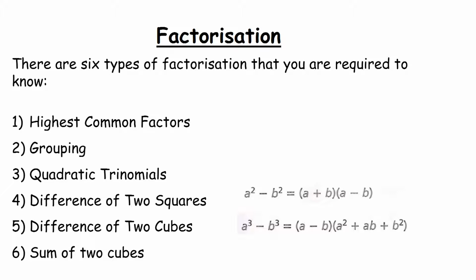The formula for the sum of 2 cubes is just here. It's very similar. For the difference of 2 cubes, the sign in the first bracket follows what we're given. This time we're doing the sum of 2 cubes, so when we add 2 cubes, the first sign in that first bracket is a plus.